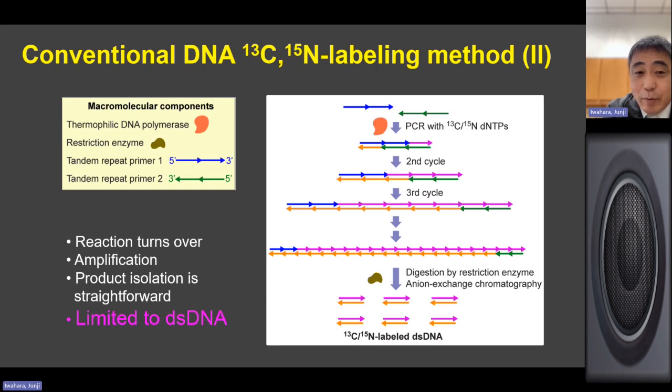However, this methodology works only for double-stranded DNA. If you would like to make double-labeled G quadruplex, for example, this PCR-based method doesn't work, simply because all the products are in the form of double-stranded DNA.